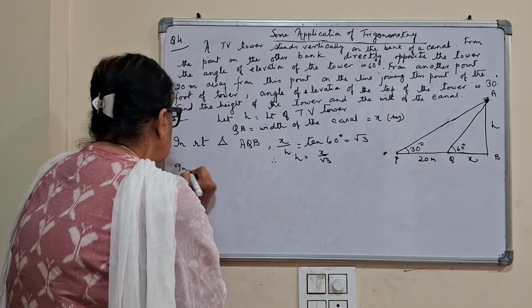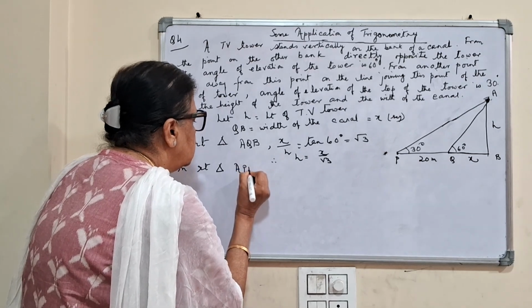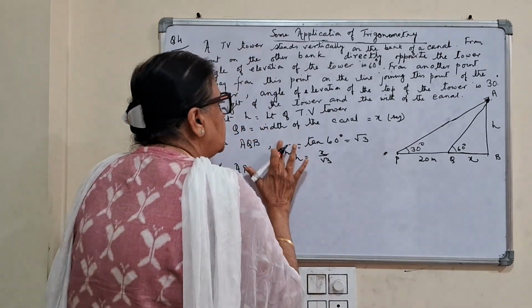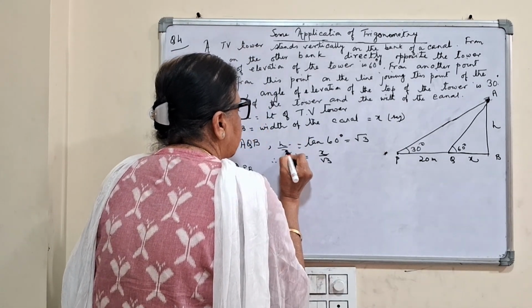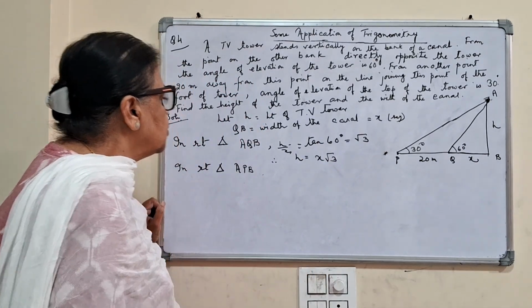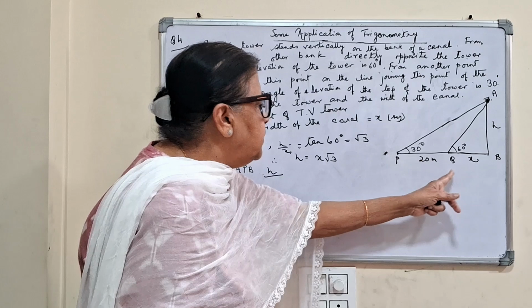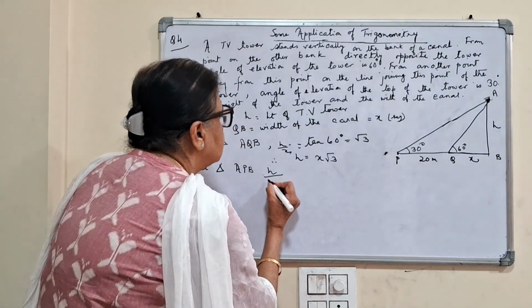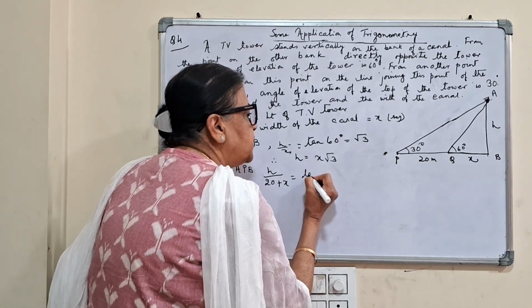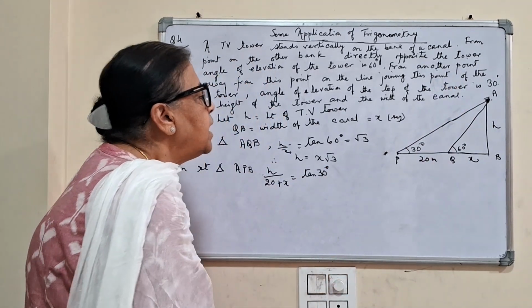Again, in right triangle APB, H upon X. PB can be written as 20 plus X. So H upon 20 plus X is equal to tan 30, perpendicular by base.